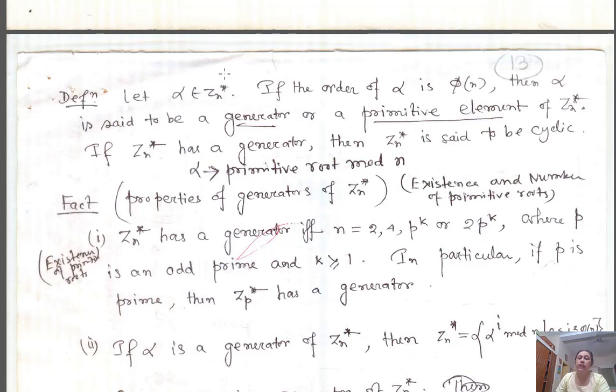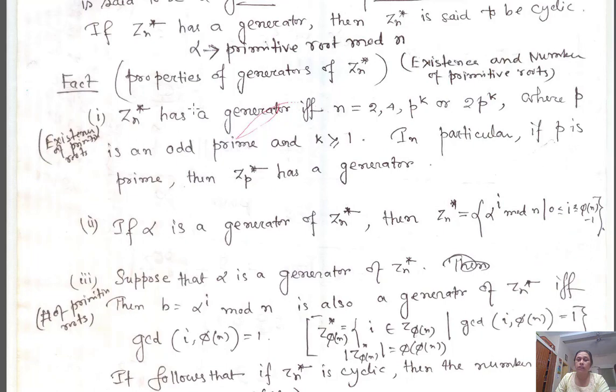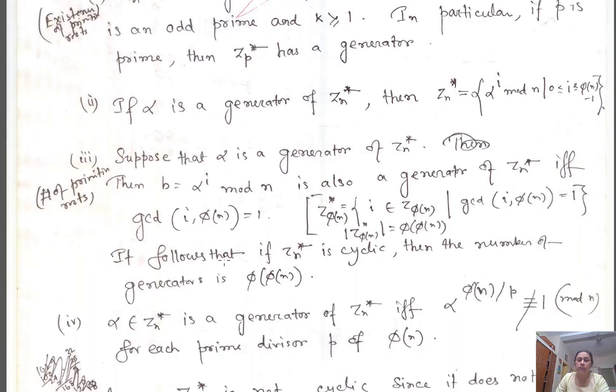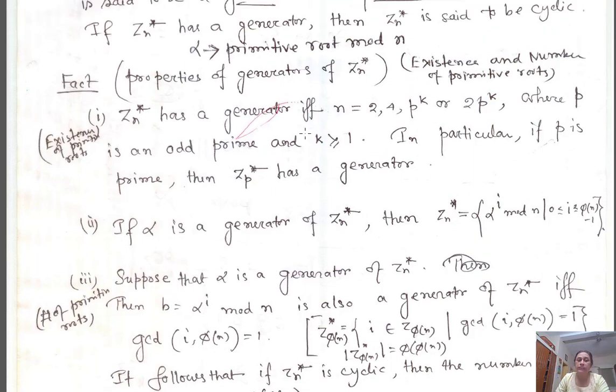Now, whenever we get a generator of Zn star, it is a cyclic group, and there are a few properties of these generators, 4 properties, that we are going to discuss.